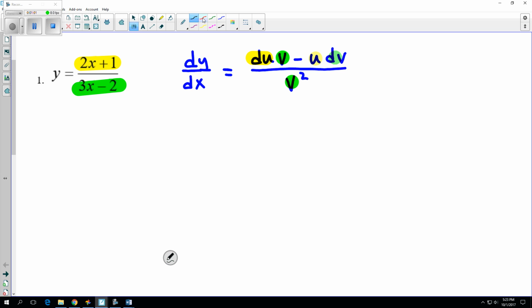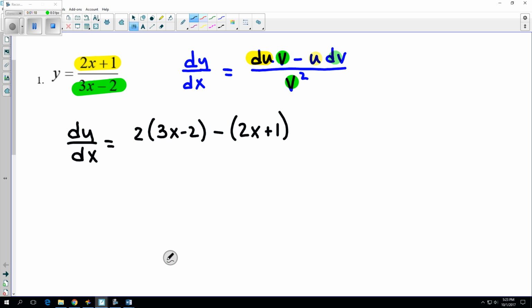So what it's going to say is dy/dx is going to be equal to the derivative of u, or the derivative of the top, times the bottom, minus the top, which is again u. I should be calling it the numerator, but we always say top and bottom in this fashion. Derivative of the bottom, all over v squared, or 3x minus 2 squared.